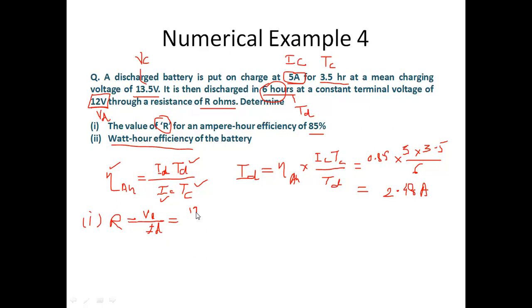That is 12 volt divided by 2.48 ampere. This gives us 4.84 ohm.